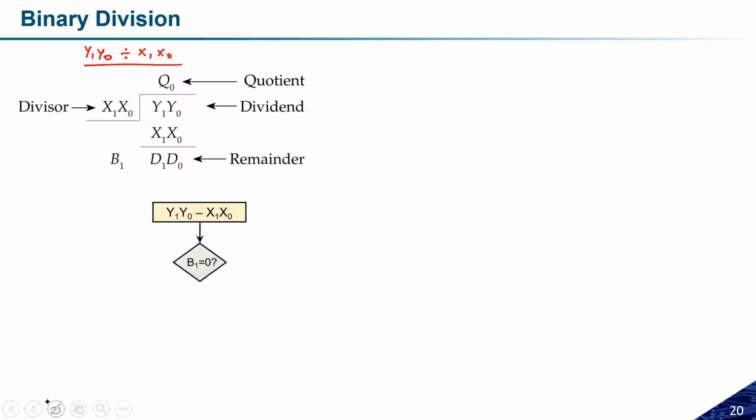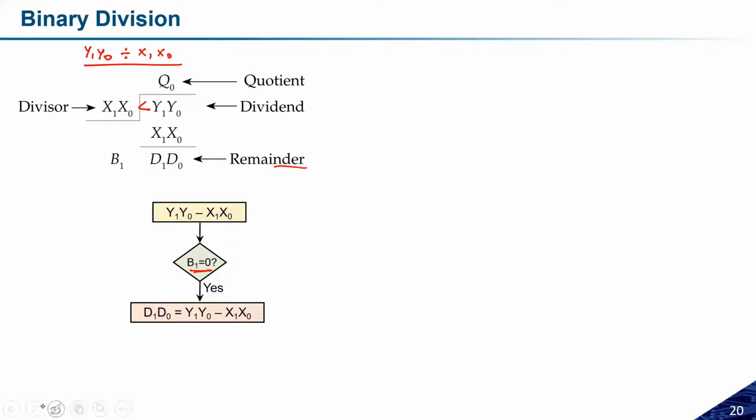The second operation is to check whether I have generated some borrow or not. Borrow is required or not. If the borrow is equal to 0, it simply indicates that y1 y0 is greater than x1 x0. In that case, whatever remains after subtracting x1 x0 from y1 y0 will become the remainder.